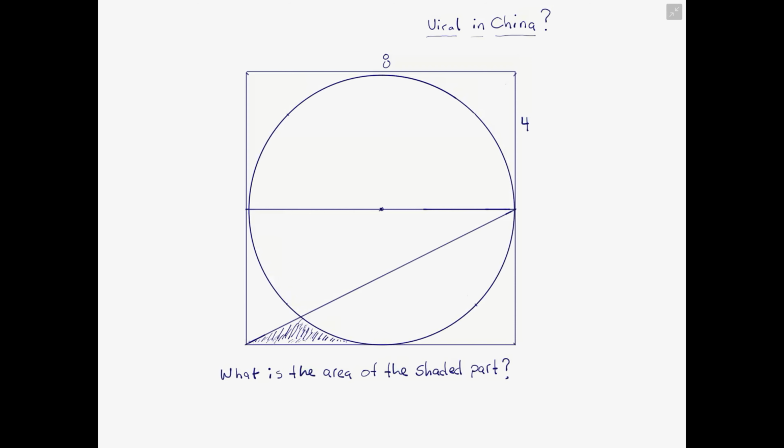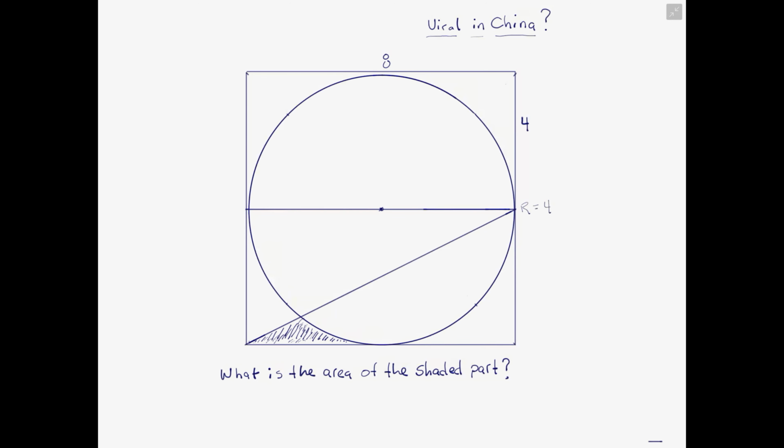Now, this problem can be done geometrically using trigonometric identities and relationships, knowing the area of a circle, for example, is pi r squared and so on. But I didn't necessarily like the way they went about parsing the problem. And in this case, you do have to parse this problem.